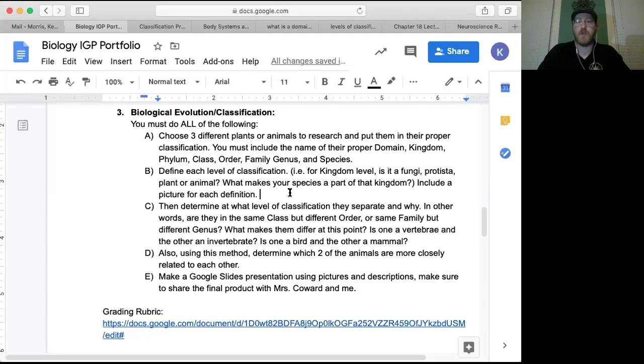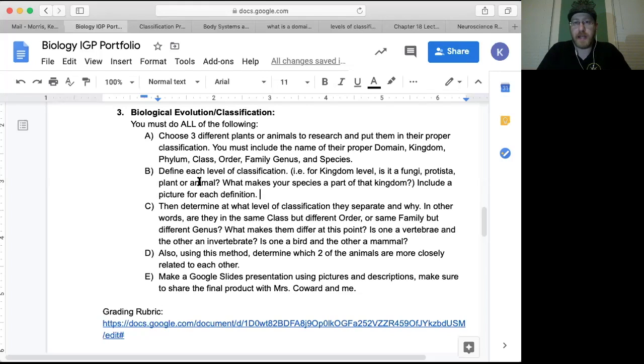So say you choose an animal, well, obviously it's going to fall under the animal kingdom. Then choose a picture that represents the animal kingdom along with your definition of what the animal kingdom is, and define why your organism fits within it.